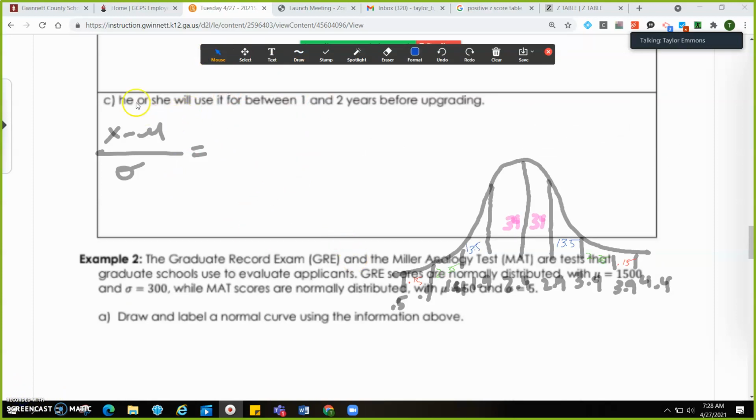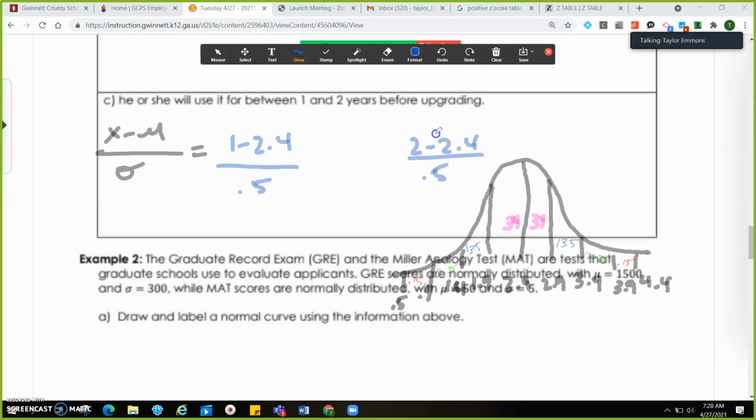Now, he or she will use it between 1 and 2 years before upgrading. Again, this is not on the normal distribution curve, so I'm going to have to calculate it. I'm going to do 1 minus 2.4 divided by 0.5, and also 2 minus 2.4 divided by 0.5.